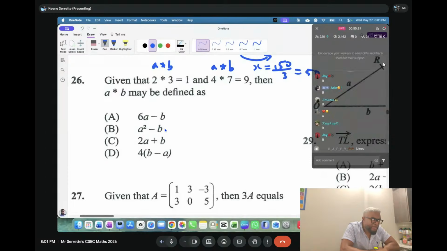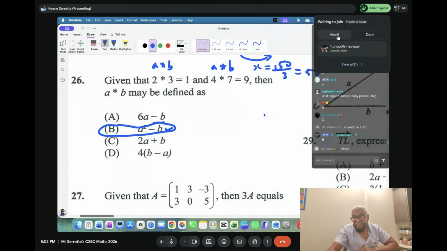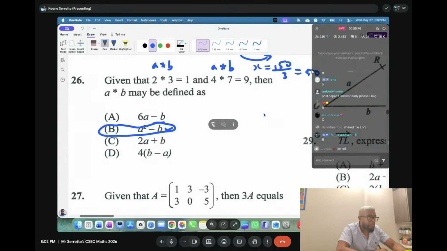I try this one because this one is usually B. 2 2s are 4. 4 minus 3 is 1, that works. 4 4s are 16. 16 minus 7 is 9. So this is it. It usually is this, but sometimes it changes up. All right? There we go.